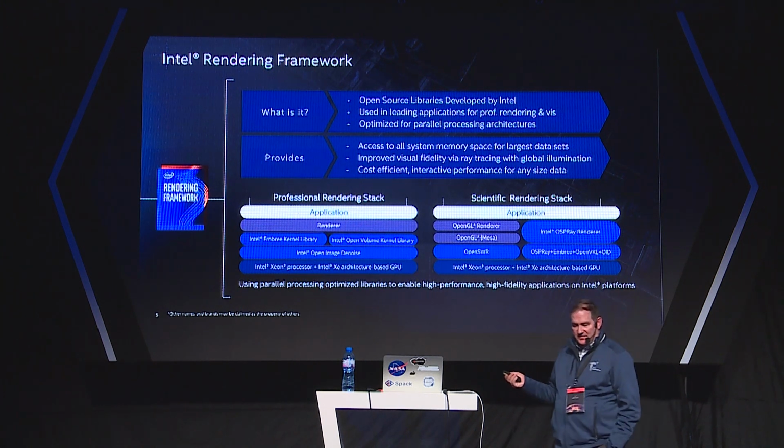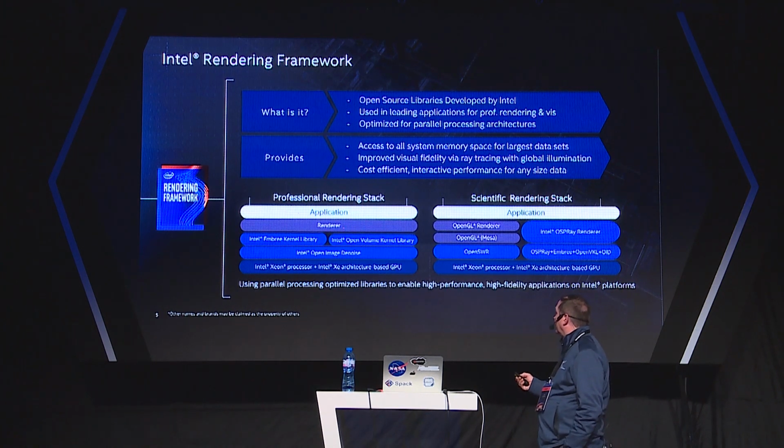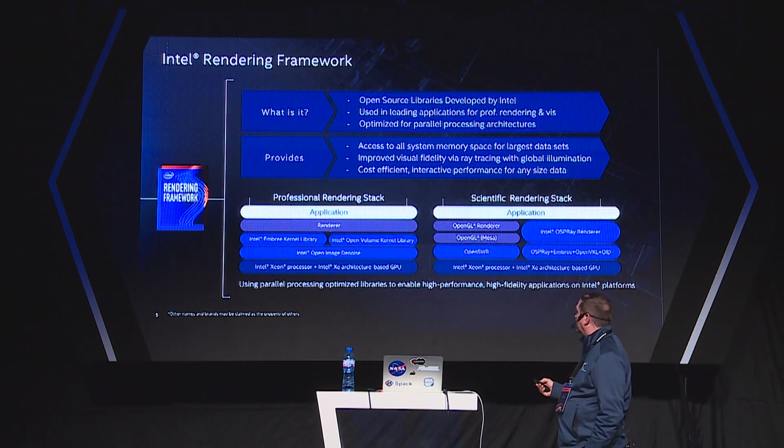In the case of V-Ray or Corona, you could think of this as Maya or one of the higher level applications that provides the user interface. The renderer would be V-Ray, and then they're built on the Intel kernel library. Soon they'll be able to incorporate the volume kernel library if they're into volume rendering. And now many folks are adding Open Image Denoise for that denoising capability.